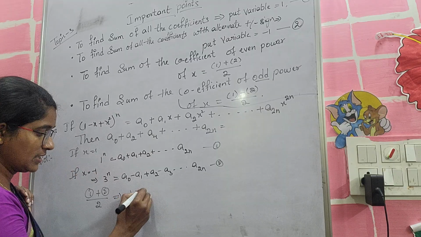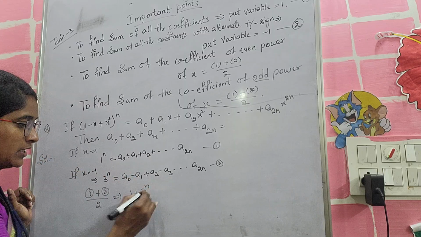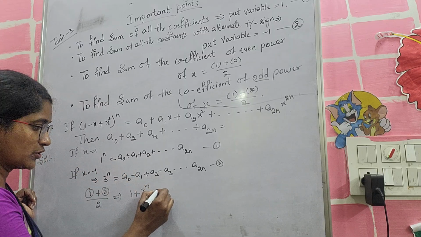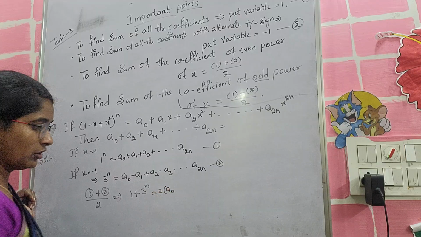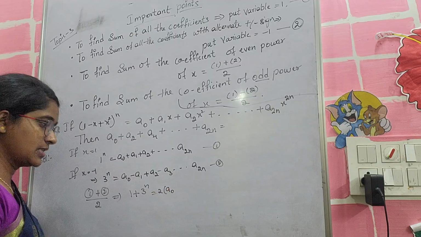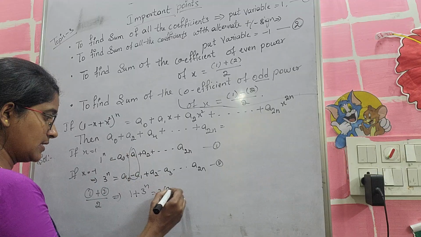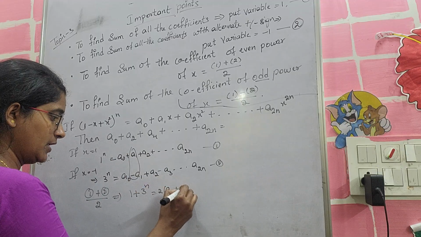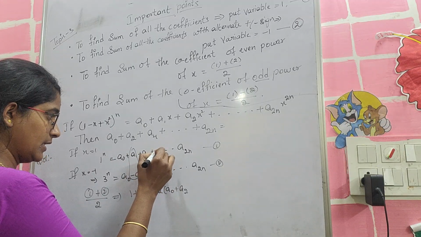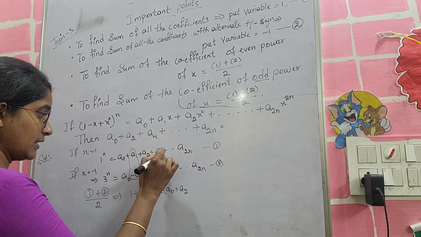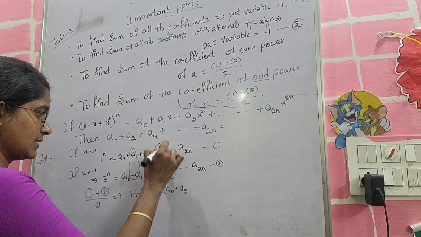1 + 3 power of n equals 2 of a0, then these get cancelled. Then if I take 2 common, a2, then again here it is minus a plus a3, so these get cancelled.